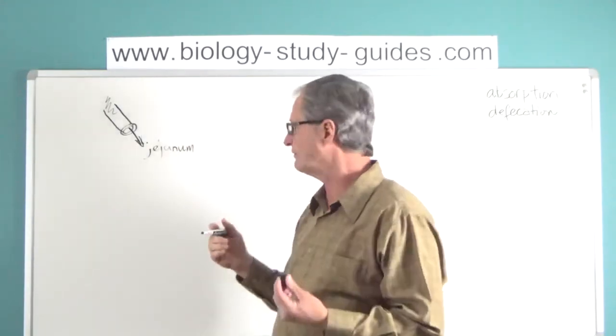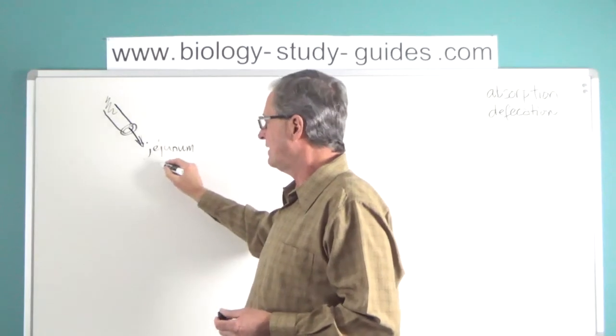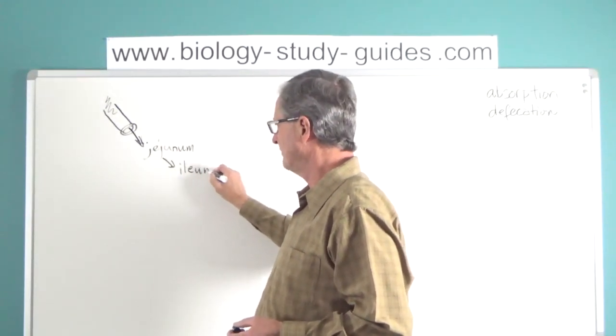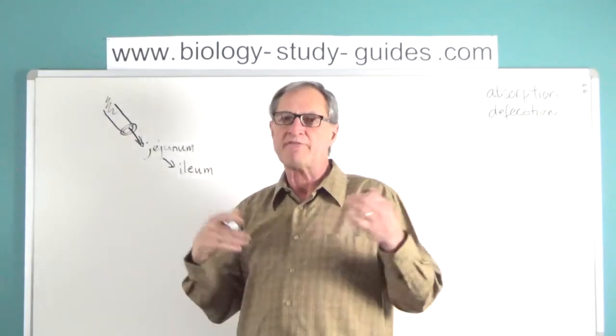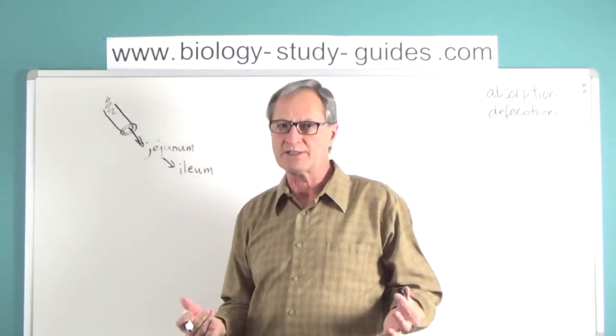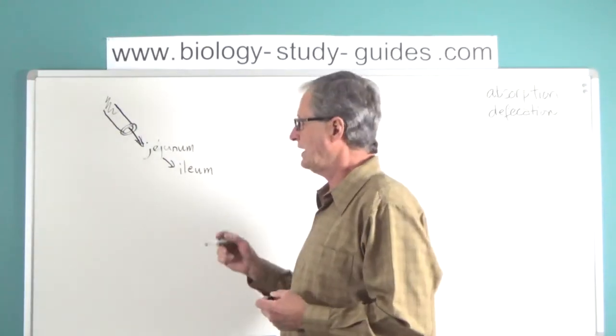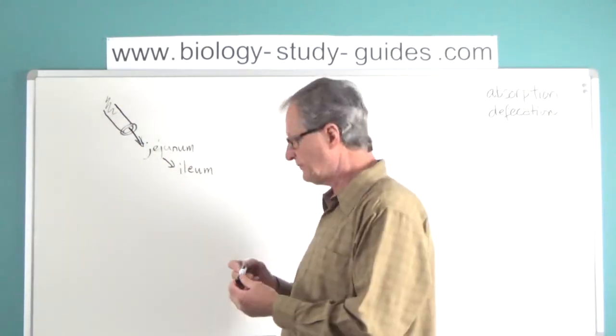It's the middle portion of the small intestine, and then from the jejunum to the ileum. The ileum is by far the largest part of the small intestine and by far the most specialized part of the small intestine in terms of structure anyway.